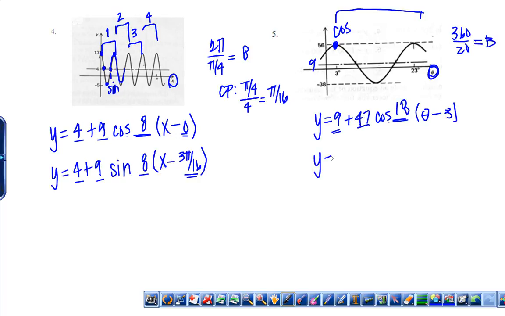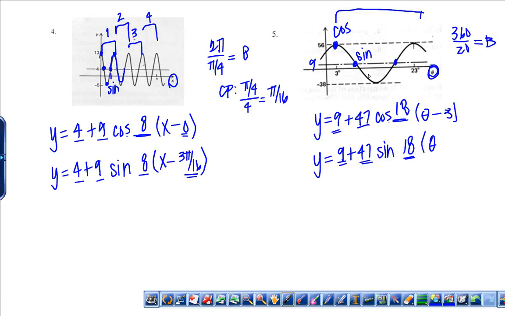All right, to find sine, let's fill in what we do know for sure. We know 9. We know 47. Fill in sine. Your 18 will stay. Your theta will stay. So now we need to decide where sine is going to begin. You can start sine here or here. I'm going to begin sine here, just for the heck of it.